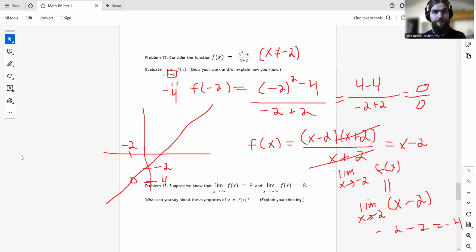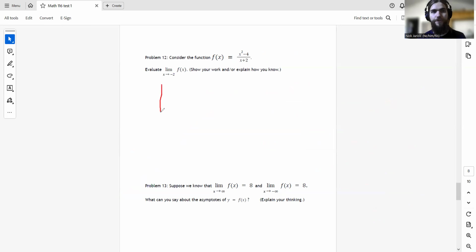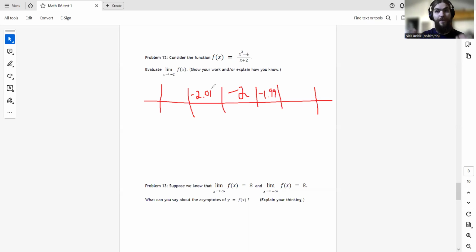Yet another method, if you didn't want to use factoring or graphs, is to make a table of values centered at negative 2, like negative 2.01, negative 2.001, and on the other side negative 1.99. You could make it go even closer, like negative 1.99999.